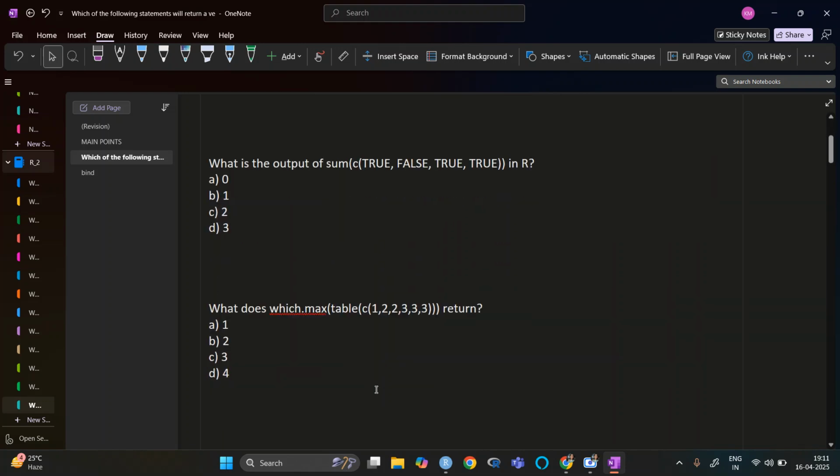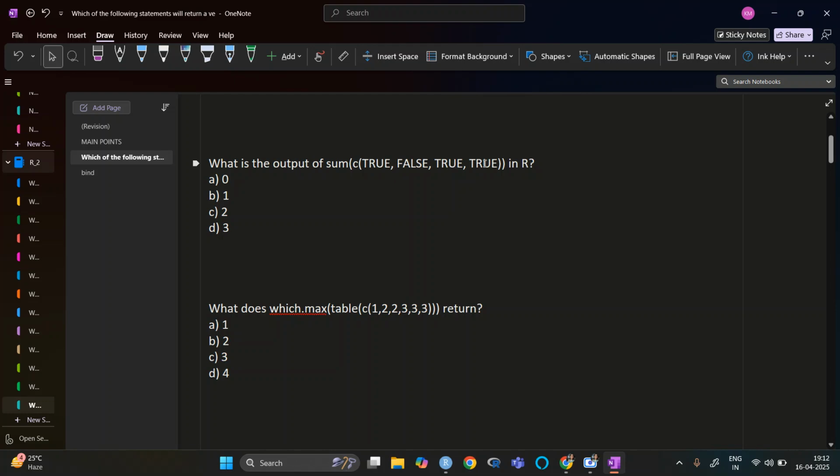Okay, the next is: what is the output of sum(c(TRUE, FALSE, TRUE, TRUE))?